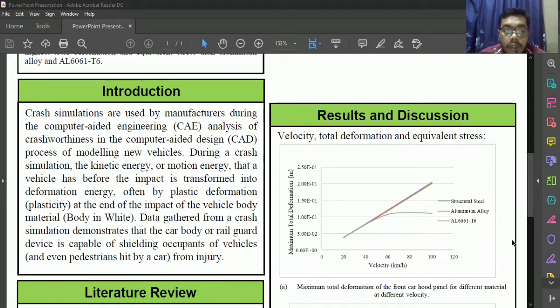During a crash simulation, the kinetic energy or motion energy that a vehicle has before the impact is transformed into deformation energy, often by plastic deformation, which is plasticity at the end of the impact of the vehicle body material, body in white. Data gathered from the crash simulation demonstrate that the car body or guardrail device is capable of shielding occupant of vehicle and even pedestrian hit by car from injury.